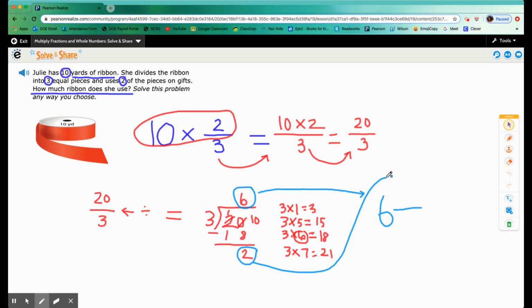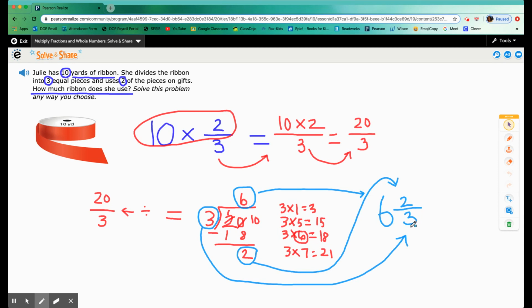My remainder will be my numerator. Last but not least, I want to find my denominator. I look to my divisor to find my denominator. So my denominator is 3. So my final answer is 6 2/3.